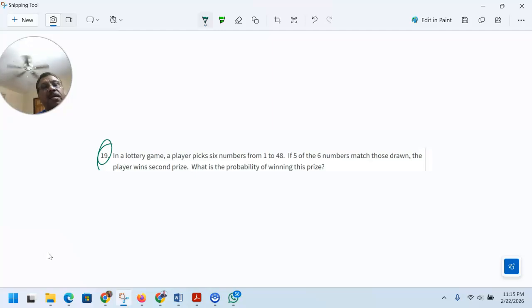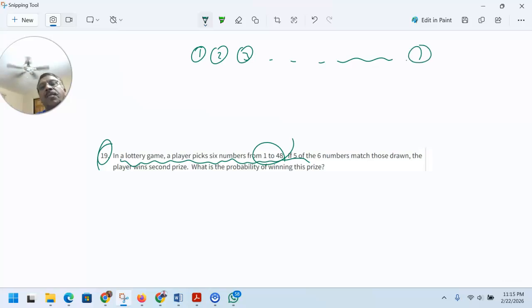Question number 19 says in a lottery game, a player picks six numbers from 1 to 48. So if this is 1, 2, 3, and so on, and then 47, and the next one is 48, there are 48 here.